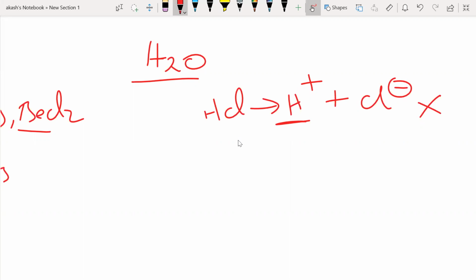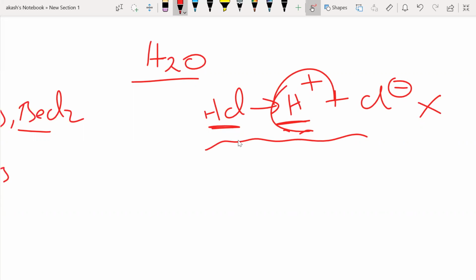But if you have a neutralization reaction happening, then it's the base which will accept the H plus. If you just have HCl even in liquid form without any water, it is actually not going to give me H plus. So there should be something in the mixture which will be able to accept the H plus. Only then does the reaction move forward, because this H plus is not a stable species.